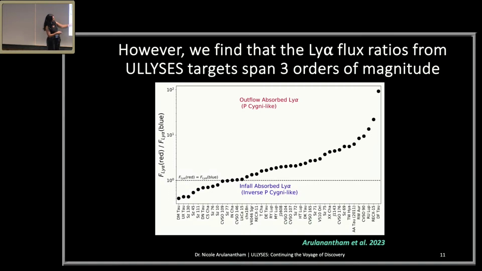And for the most part, our disks show kind of what we expected to see. Absorbed on the blue side of the line by outflowing gas. But we also see this very interesting population down here where the opposite type of profile is more emission.